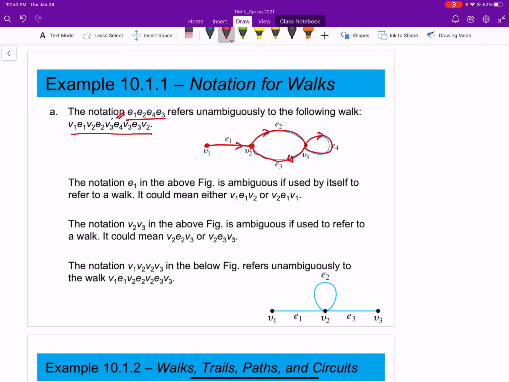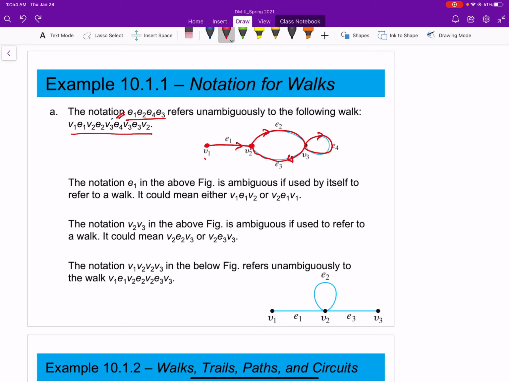At the same time, you could use vertices also to represent. That means V1, E1, V2, E2, V3, E4, V3, E3, and then V2. All right. So both are correct.